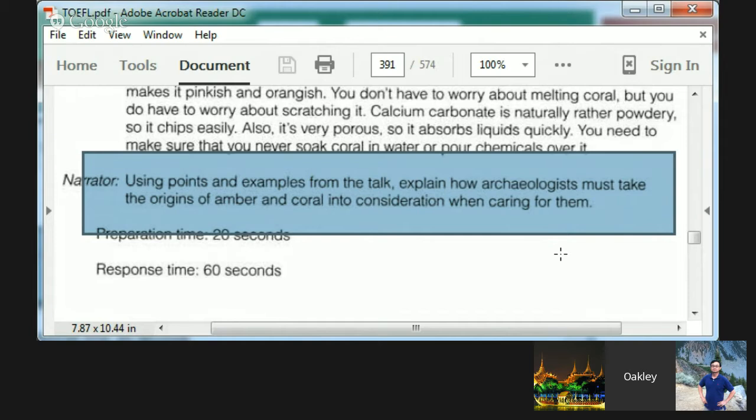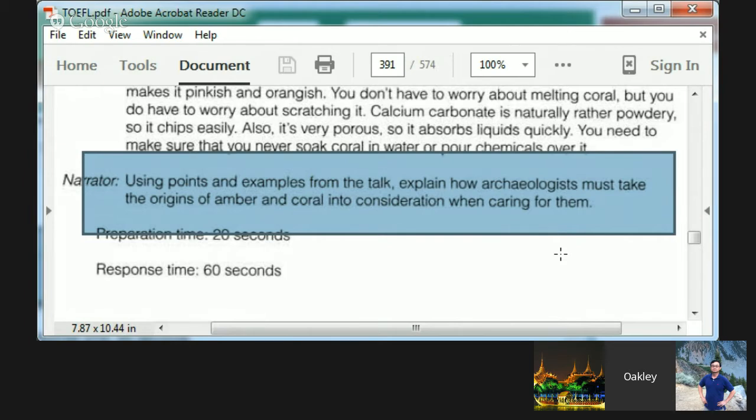And the second one, the coral, is from the sea creatures, and it is porous. So you have to be very careful about contact with water. I think that's all I can say.